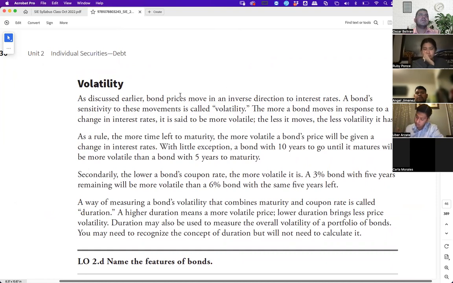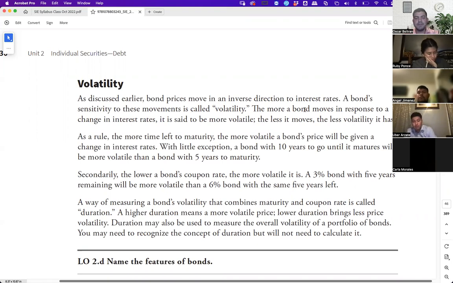It's in inverse direction to interest rates. So the Fed rate. The bond sensitivity to those movements is called volatility. The more a bond moves in response to a change in interest rates, it is said to be more volatile. The less it moves, the less volatility it has.